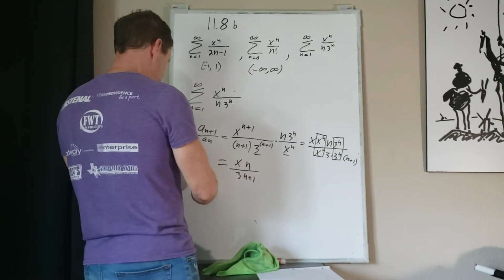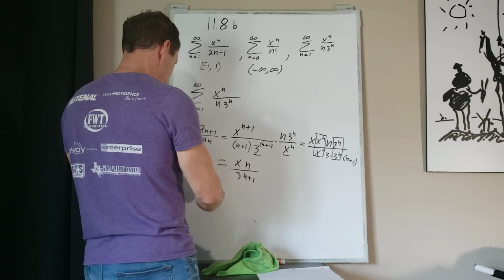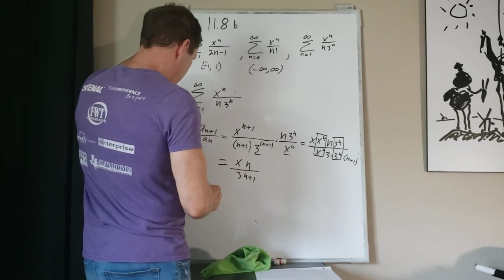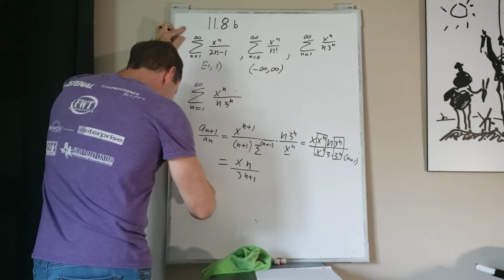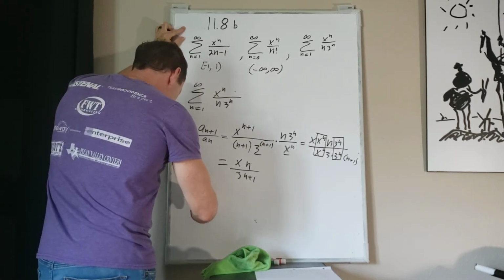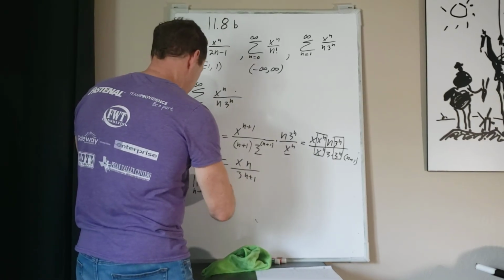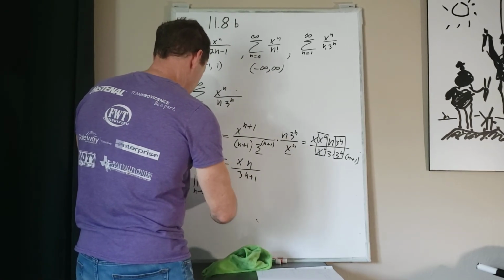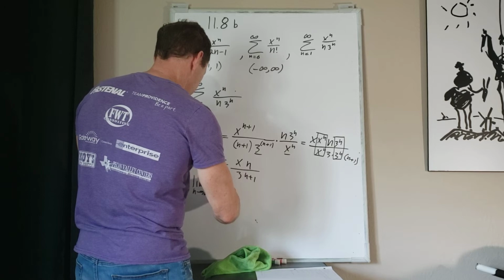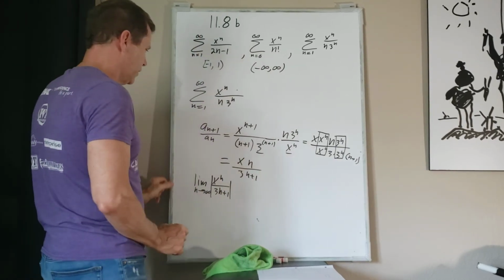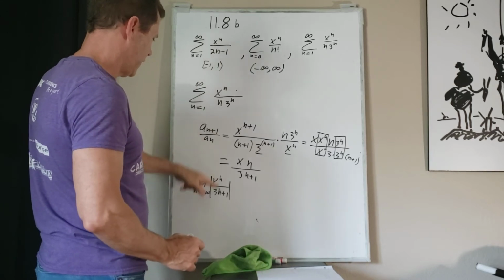Now, using the ratio test, got to take the limit as n goes to infinity of x times n over 3 times n plus 1 in absolute values, because it's the limit of this guy in absolute values.